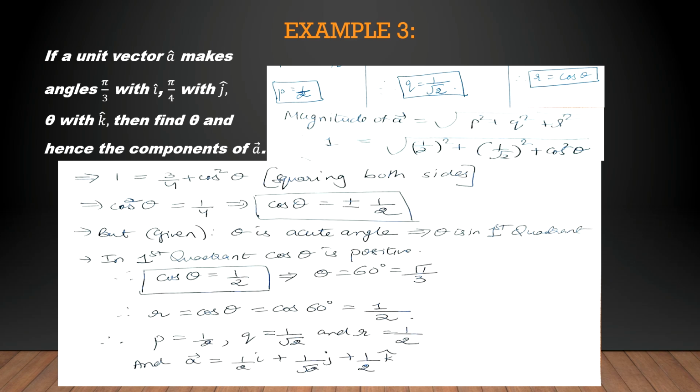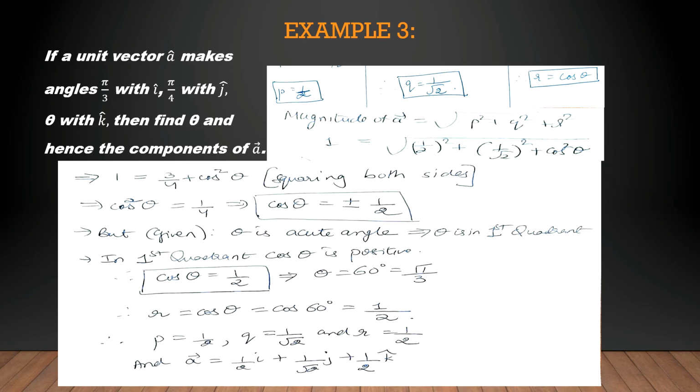But over here it is said in the given question that theta is an acute angle. That means it is in the first quadrant. In the first quadrant, you know, cos theta is positive, ASTC, if you remember the rule. So in the first quadrant, obviously cos theta is positive, so cos theta is half, hence theta is equal to 60 degree or pi by 3.